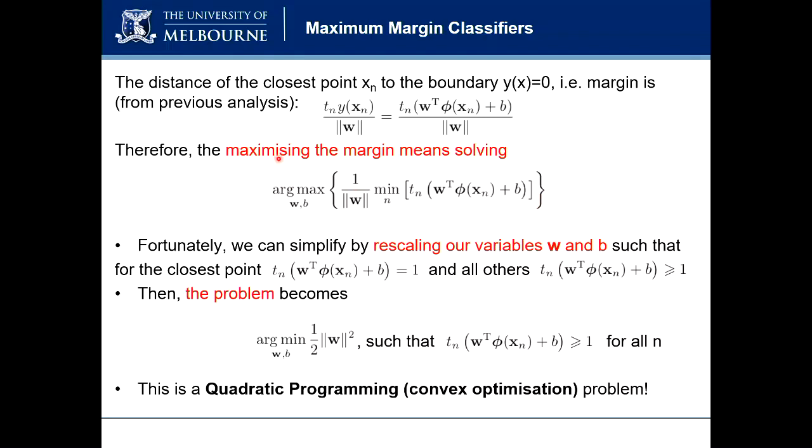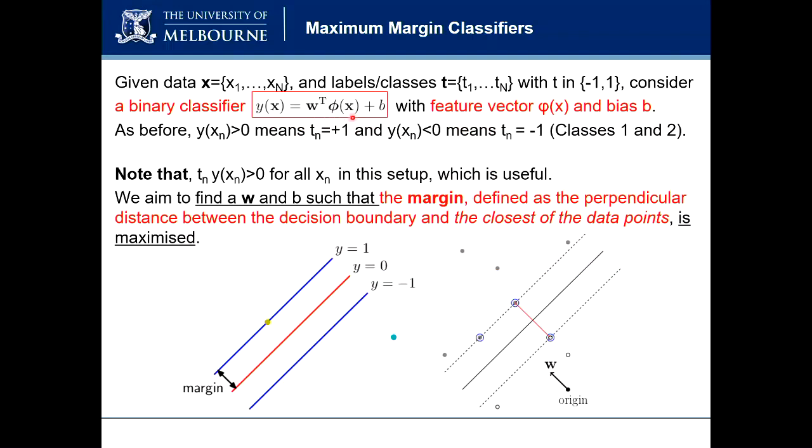Fortunately, this nasty optimization can be simplified. y of x is written as w times phi of x plus b, and all I need is for y of x to be positive or negative. If I multiply w and b by the same constant k, then nothing changes: if y is positive, it is still positive, and if negative, still negative. So I can scale w and b without any problem.